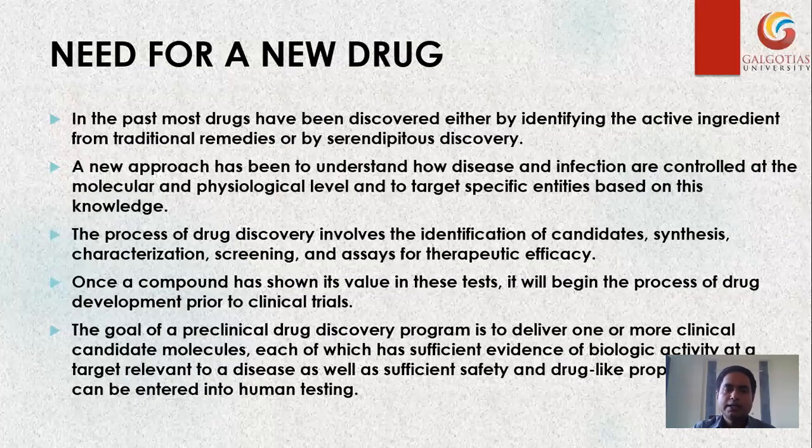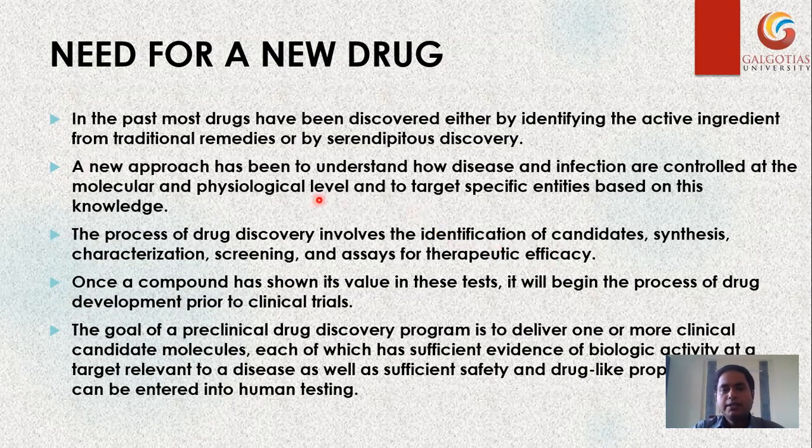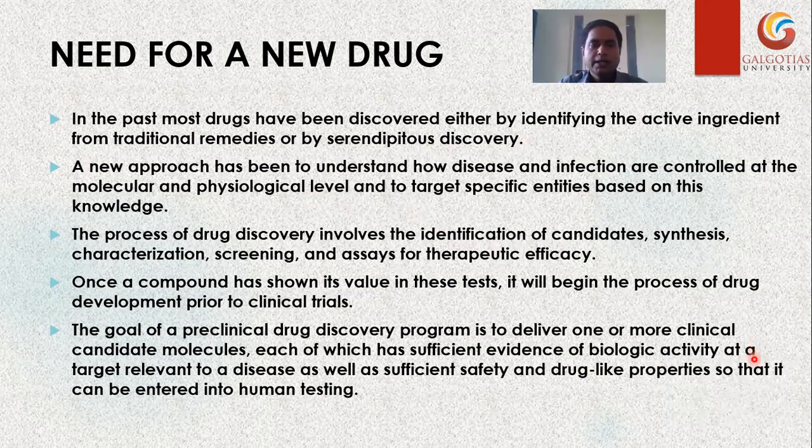Next, we can move further, and here we will evaluate the significance of a drug, why a drug is needed. In the past, most drugs have been discovered either by identifying the active ingredient from traditional remedies or by serendipitous discovery.